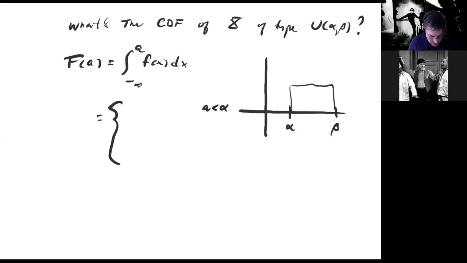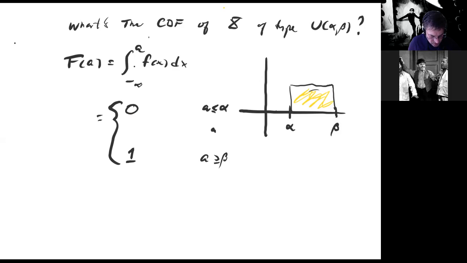And so here's my rectangle as before. And so you're going to get 0 in that case. What happens if a is greater than or equal to beta? Then a would be out here. You're picking up the entire area of the rectangle, so that would be 1.